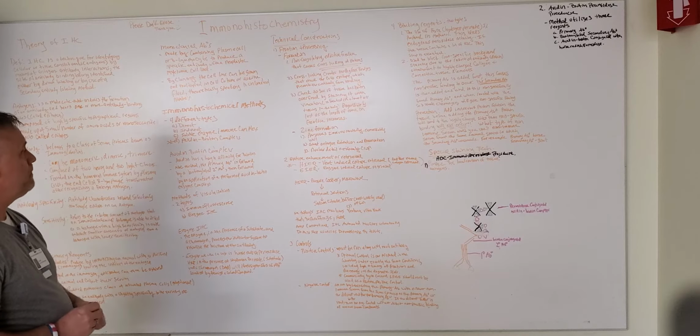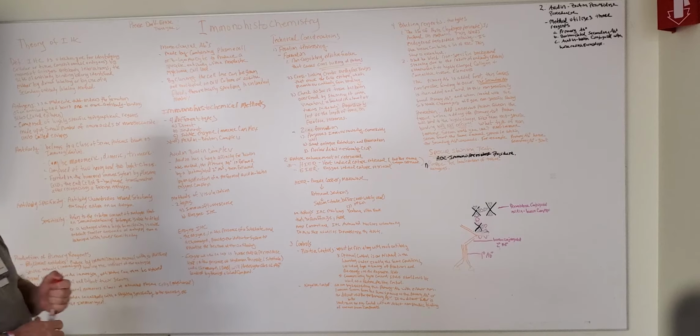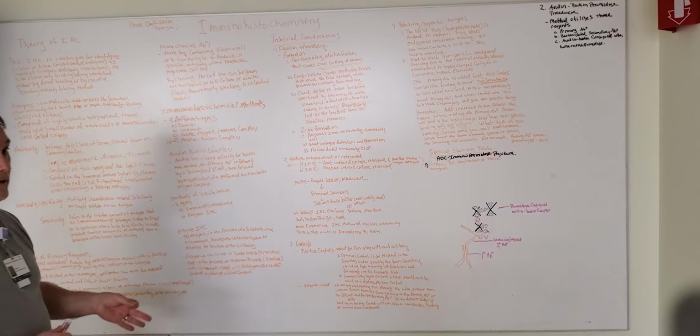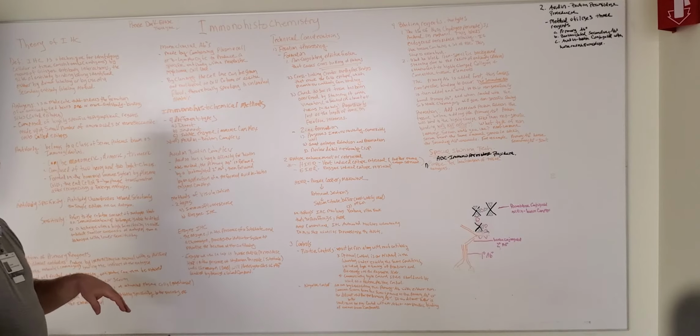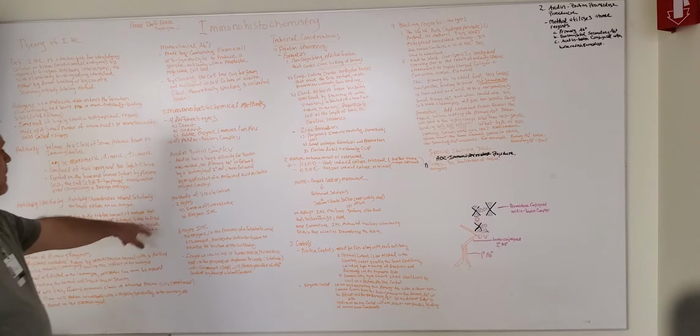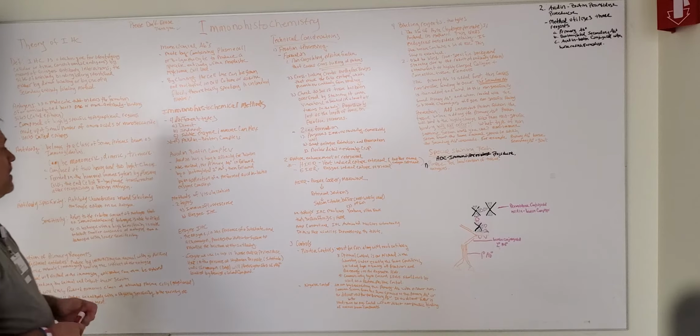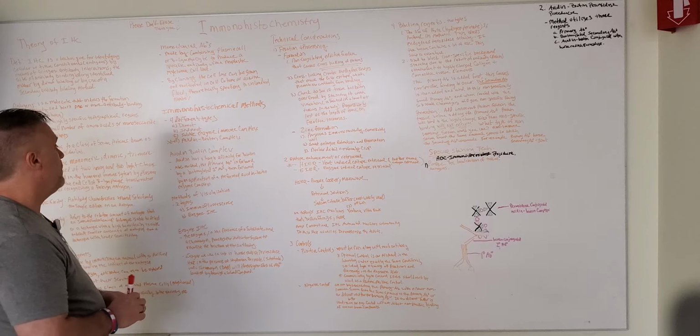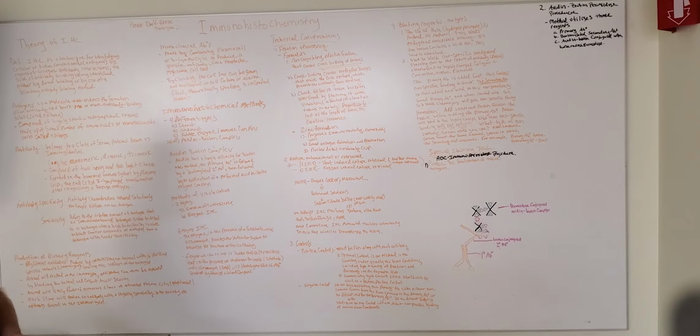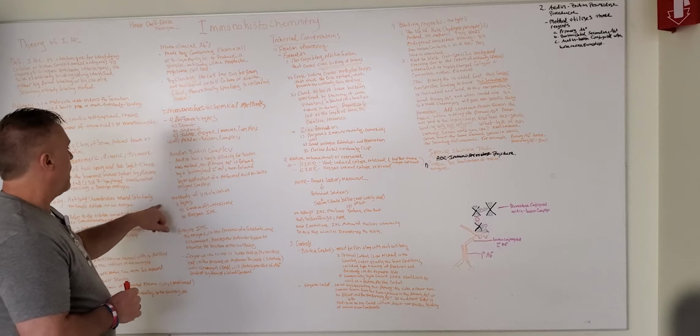In the ABC method, the primary antibody is followed by a biotinylated. This is important. Biotinylated. So it's got a biotin tag hanging off of it. Secondary antibody. Then followed by an application of a preformed avidin biotin enzyme complex. And like I said, we'll get more into that.